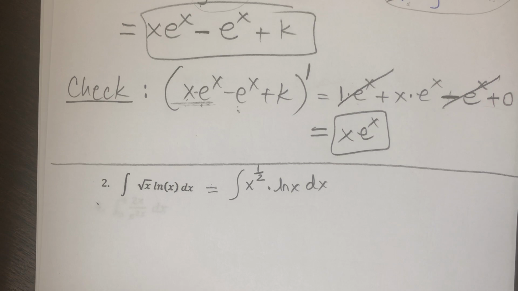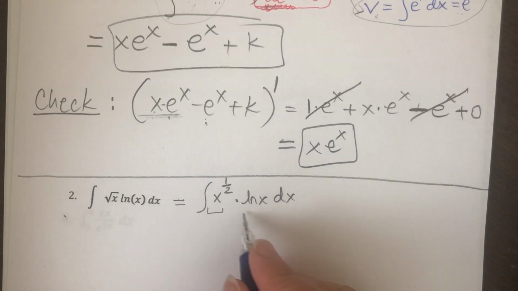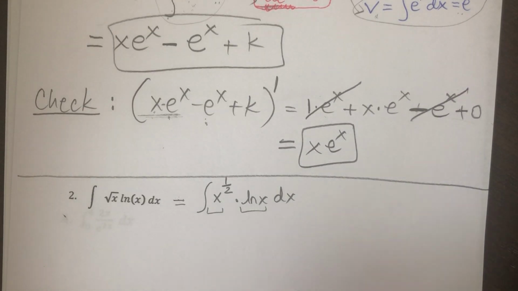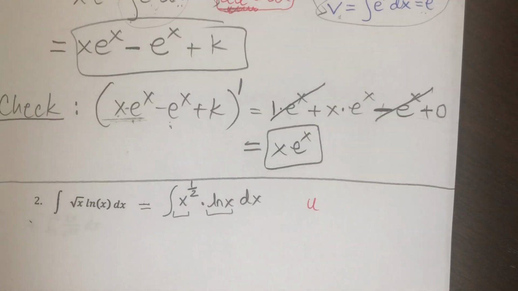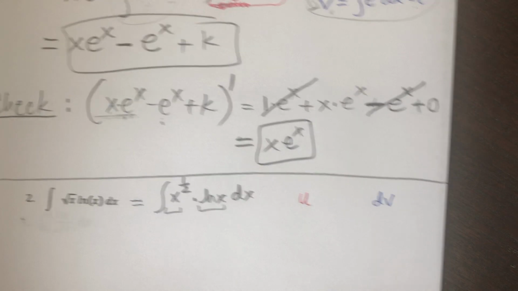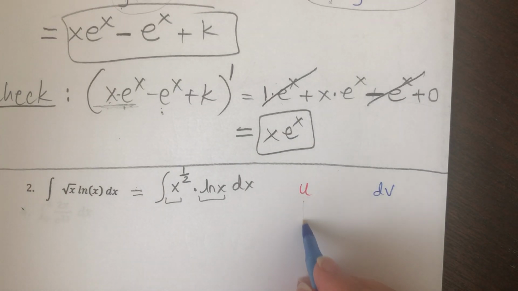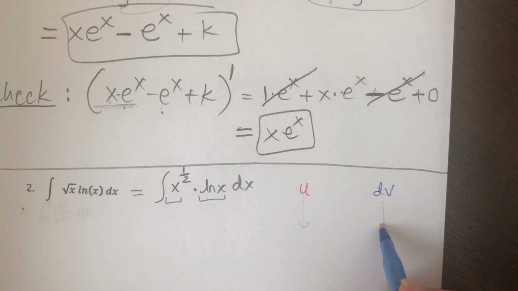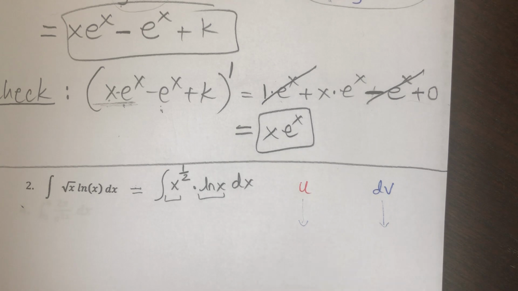Okay, so between these two factors, one should be my u and one should be my dv. And out of u, I'm going to create du, its derivative, and out of dv, I'm going to create v, its antiderivative.